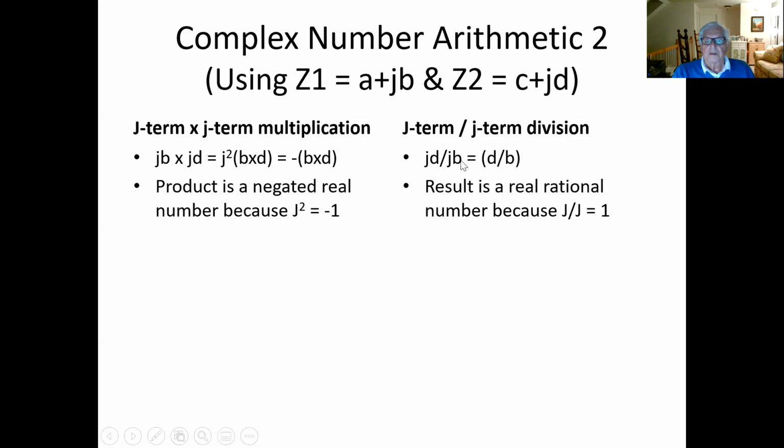And similarly, for division, dividing a J term by a J term, the J's drop out to give you a real number. It's basically just D over B.